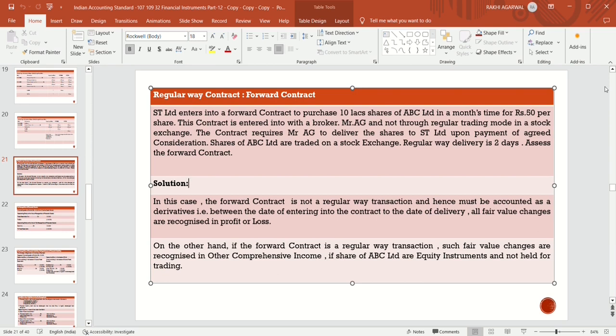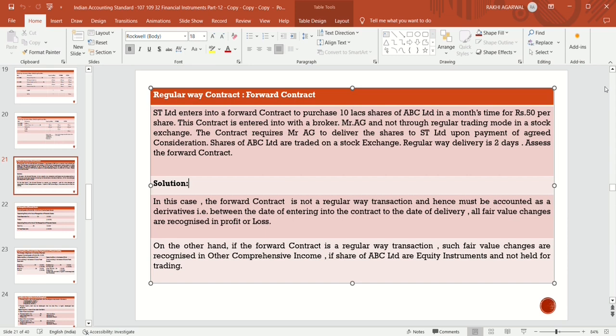And if the shares are an equity instrument and not held for trading, treated as an investment in equity shares, then any change in fair value is to be recognized in OCI.